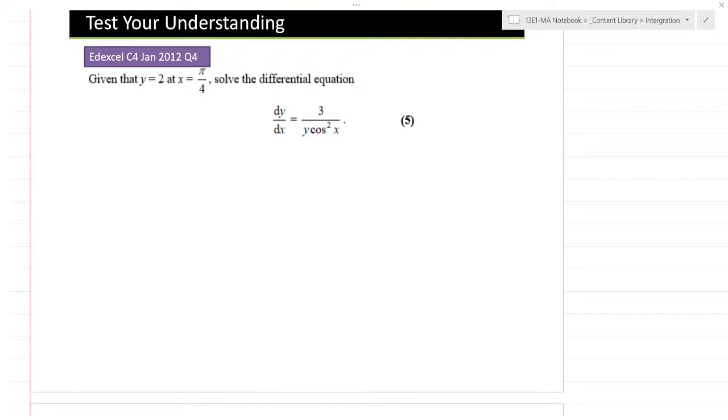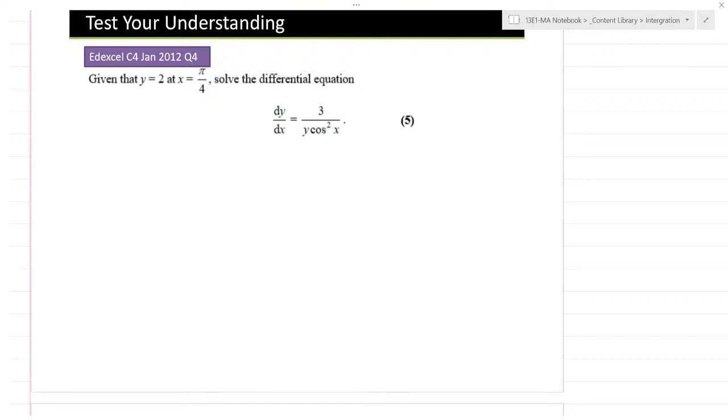Tan differentiates to sec squared, so sec squared will integrate to tan. Sec squared integrates to tan.